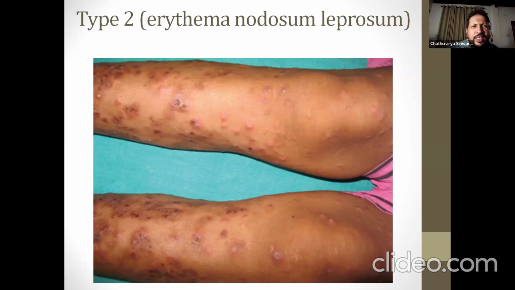But in this, the lesions are smaller and they ulcerate and can involve the upper limbs, unlike conventional erythema nodosum. They are more transient, small lesions which ulcerate, and they can be associated with fever, glomerulonephritis, arthritis, and so many things because of the immune complex deposition, right?